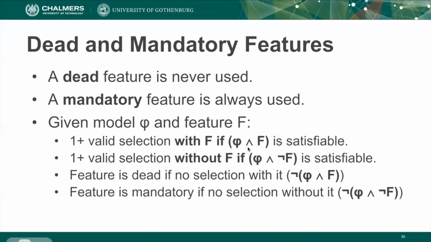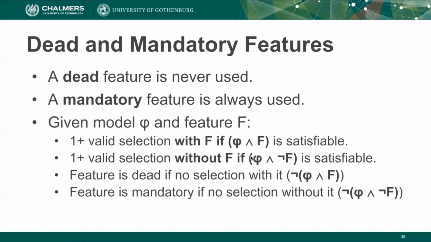So what we're doing is feeding a formula into our SAT solver saying that F must be true in the resulting feature selection. And if it comes back and says there's a feature selection, well, that means that there are feature selections where F is chosen.